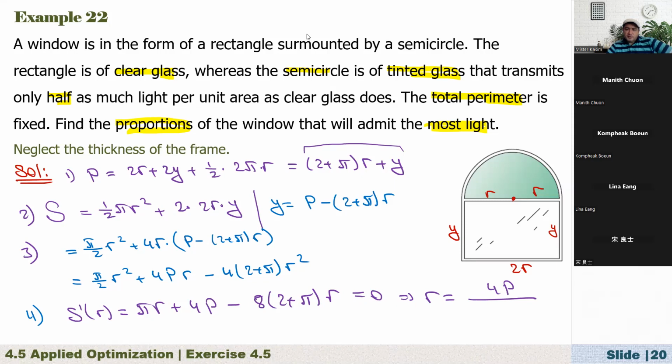1 should be 2 plus pi r 2y. Yes, it is 2r 2y. So that is 2 plus pi. Yeah, it is 2y, right? If it is 2y, then here we have p over 2. Okay, so I need to write here 2 then. So here we have 2.